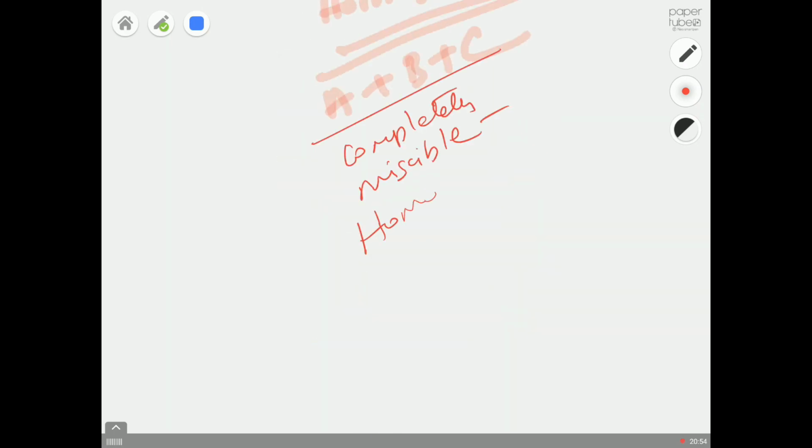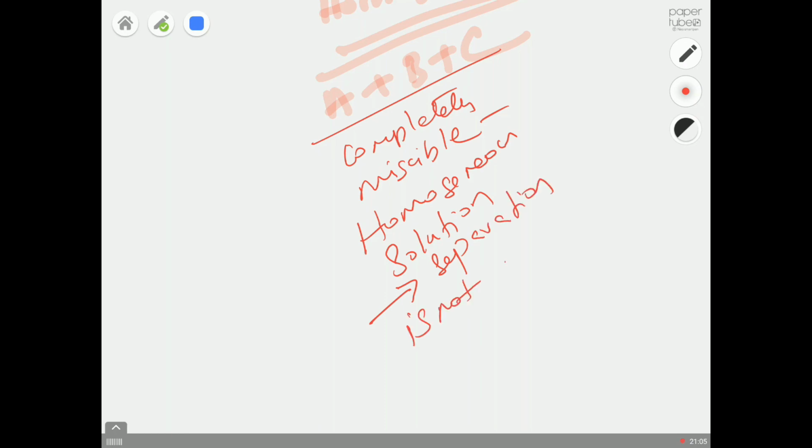Homogeneous solution, which means separation is not possible.